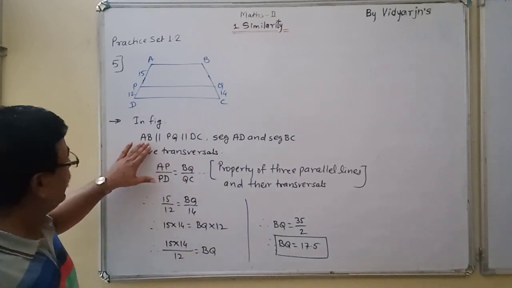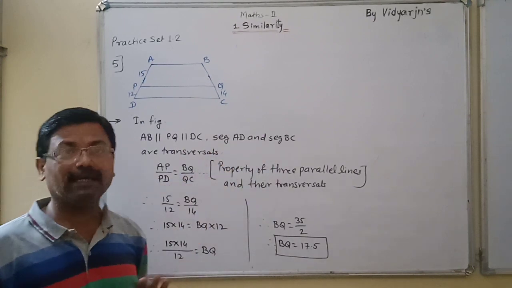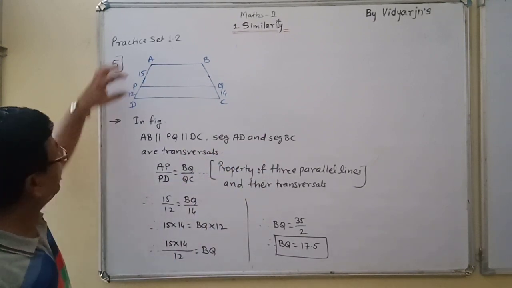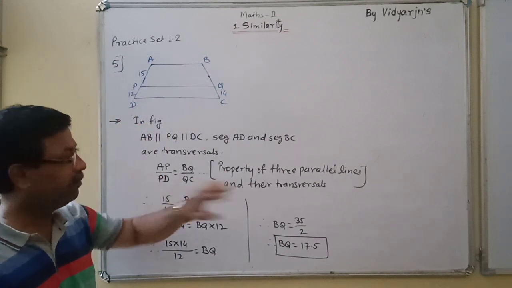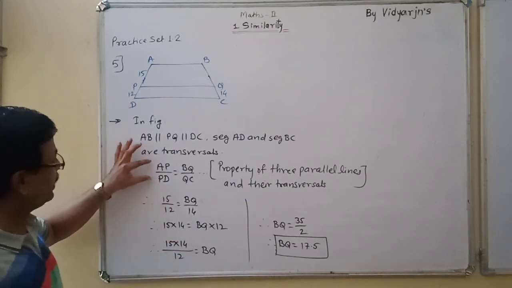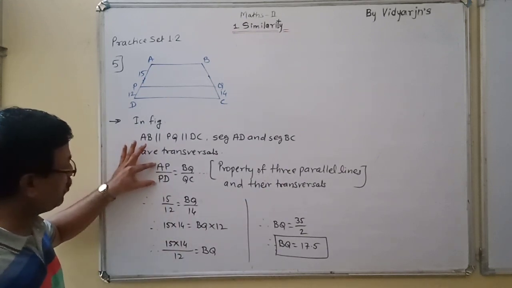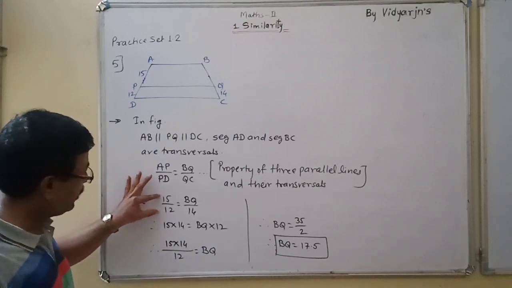AB parallel to PQ parallel to DC, and segments AD and BC are transversals, then we get the intercepts AP, PD, PQ and QC. By the property of three parallel lines and their transversal, we get the ratios AP upon PD is equal to PQ upon QC.